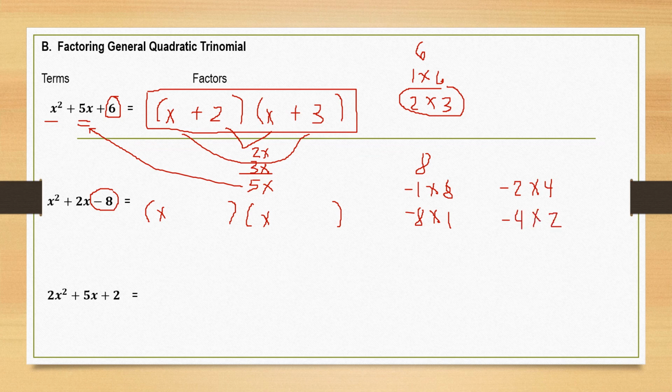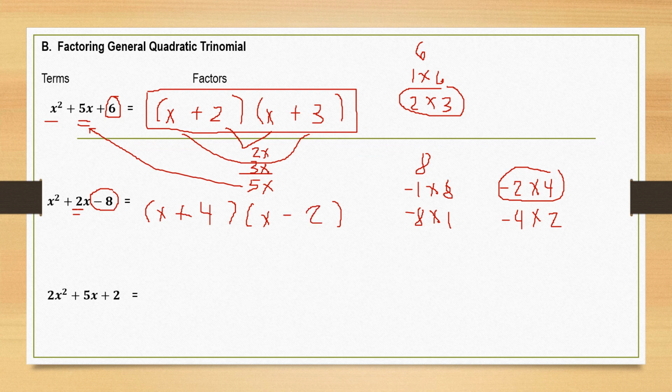Among the factor pairs, choose the pair which will give you positive 2 when added. So which will give us positive 2 when added? That is negative 2 and positive 4. So we have positive 4 and negative 2.